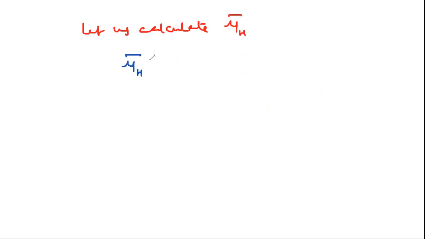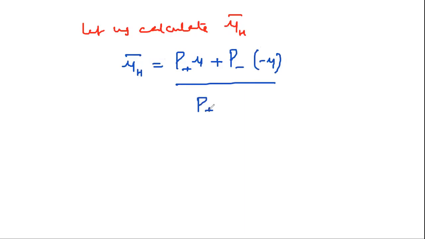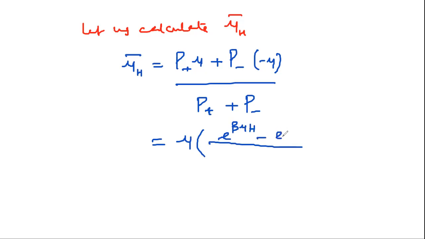So we can write mu h bar as P plus mu plus P minus mu over P plus plus P minus, which is equal to mu times e raised power beta mu h minus e raised power minus beta mu h over e raised power beta mu h plus e raised power minus beta mu h.